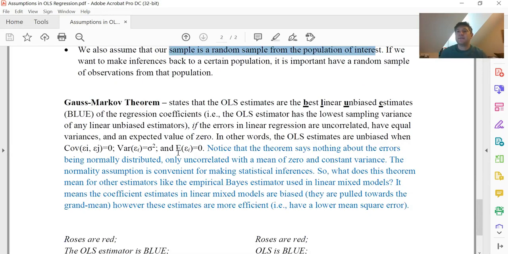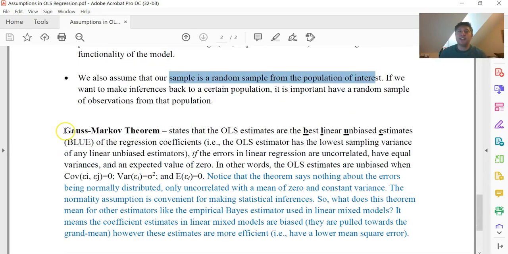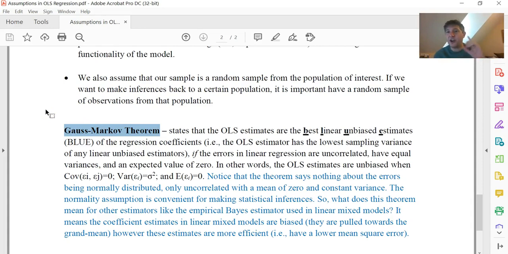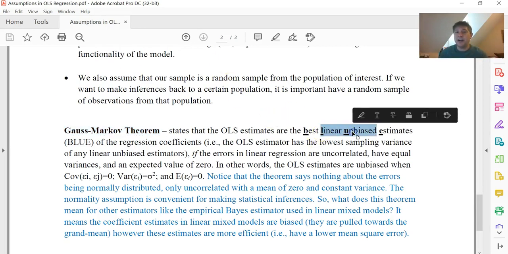So why do we make such a big deal out of the OLS regression coefficients? It's really because of the Gauss-Markov theorem, which states that the OLS estimates are the best linear unbiased estimate of the regression coefficients. In other words, the OLS estimates have the lowest sampling variance of any linear unbiased estimator, if certain conditions hold.